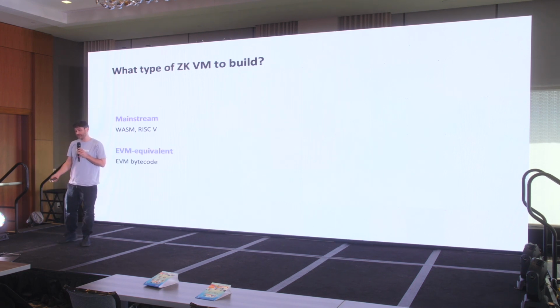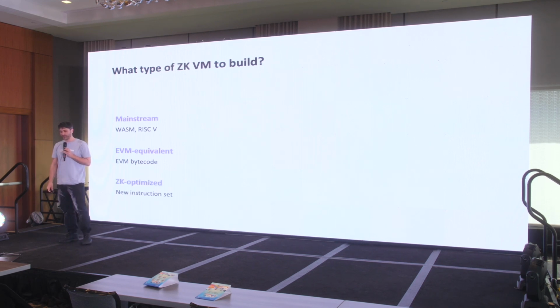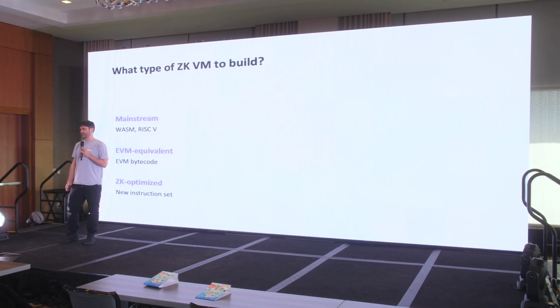You can also target the EVM, and this is what the ZK EVMs are doing. They try to prove EVM bytecode, and this could be the target of your zero-knowledge virtual machine. Or you can have a new instruction set that is optimized for zero knowledge. The EVM is not really optimized for zero knowledge, but you can build a whole new instruction set optimized for that.